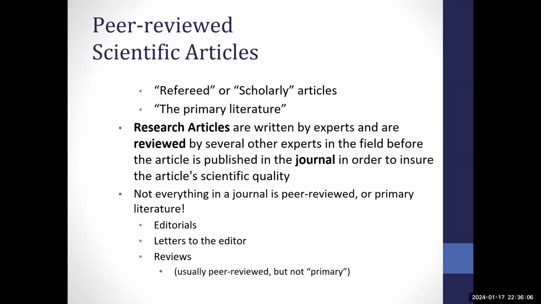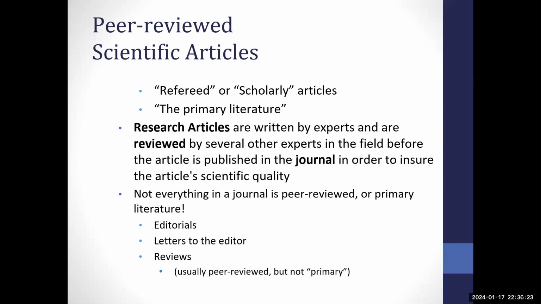And so these are the most trustworthy types of science articles to read because they literally are coming from the scientists and from the scientists in the field. And so we should trust them.